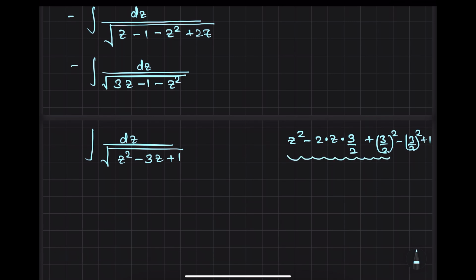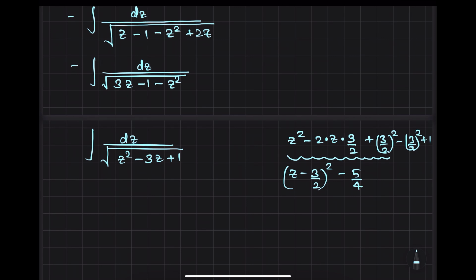Now who is this component? This is z minus 3 by 2 whole square, and then we have minus 9 by 4 plus 1, so we will have minus of 5 by 4.